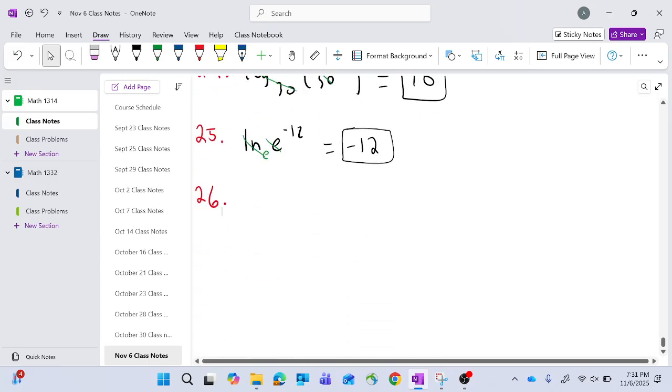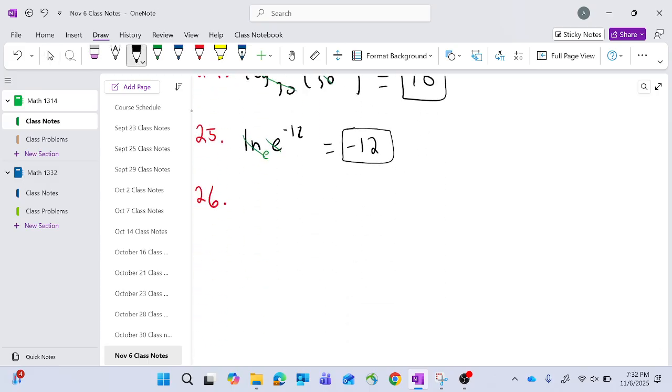10 to the log of 14. So now it looks a little different. It's 10 raised to the log of 14, but it's the same rules. All you're doing is flipping the log and the exponent, sorry. But it doesn't actually matter because it's 10 raised to the log base 10, right? Same thing.